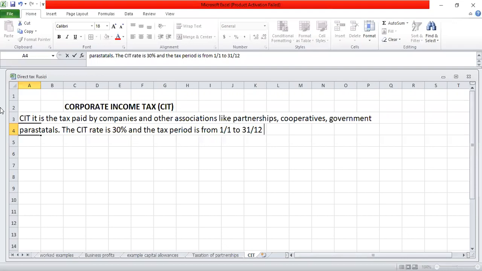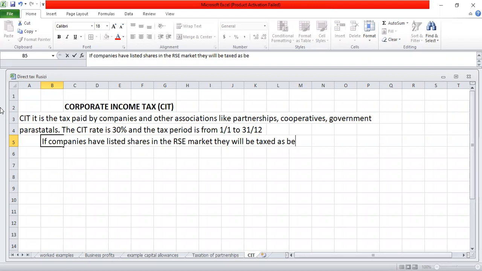However, there is an exception. If companies have listed shares in the RSE, Rwanda Stock Exchange market, they will be taxed as below in the next 5 years.